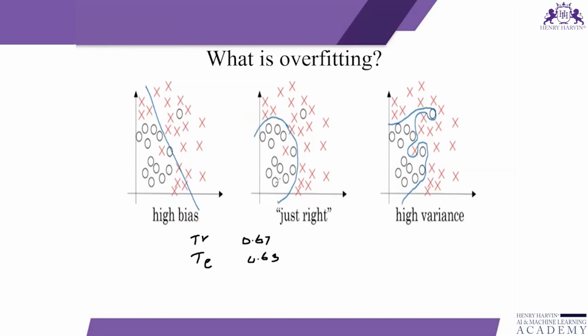There is another type of example, and I'm using another type of hypothesis here, a second order polynomial, and I use these parameters. Instead of fitting with a line, I'm trying to fit it with a parabola, a second order polynomial hypothesis, though it is not 100% correct.